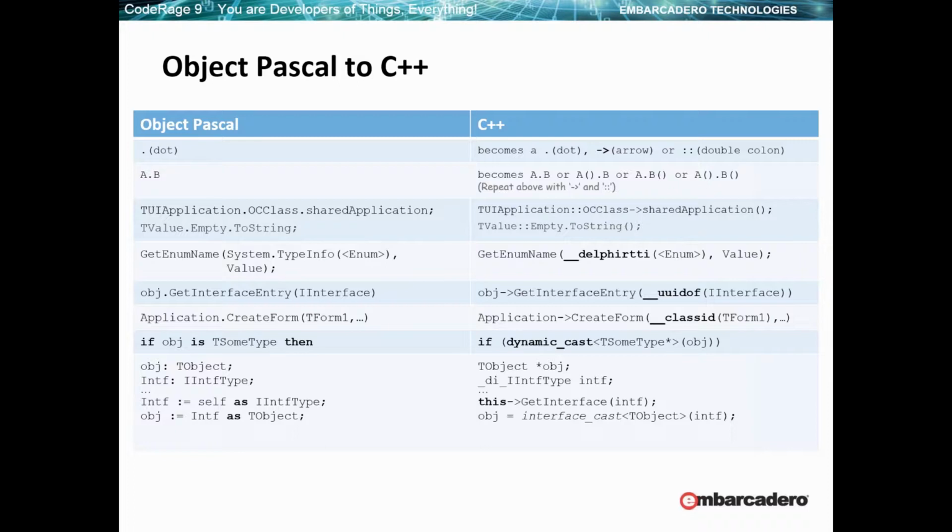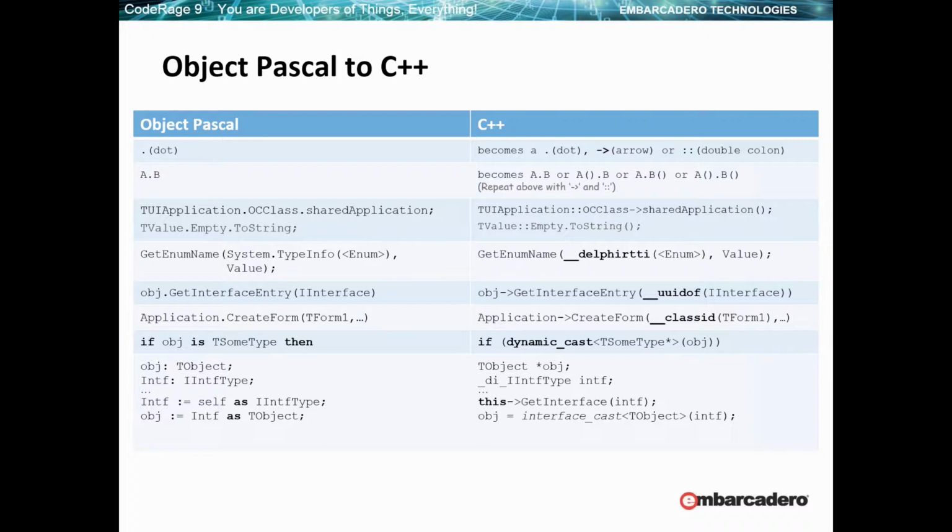As is another operator in Delphi. I didn't put it here. Well, I put it in the case of interfaces, but I want to talk about as in the case of classes. As does something that doesn't quite exist in C++, because as will actually throw an exception if it fails. It will throw an invalid cast, I believe. So if you really, really wanted to throw an exception, then you would do a dynamic cast, and if the dynamic cast failed, you would raise the exception.